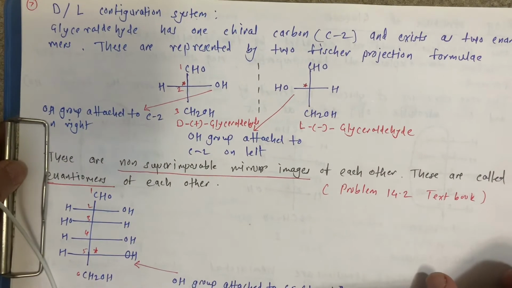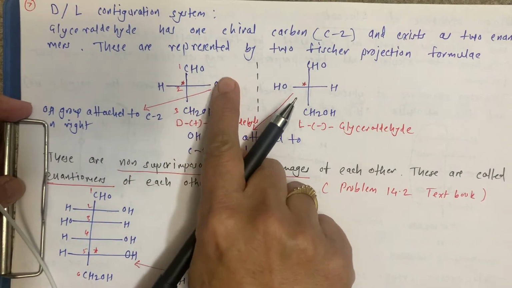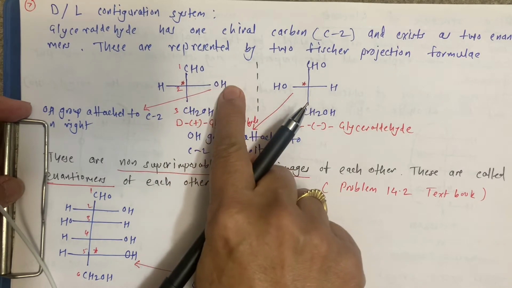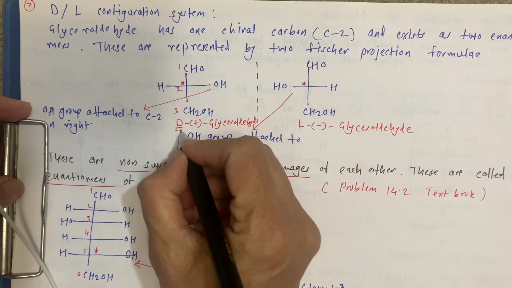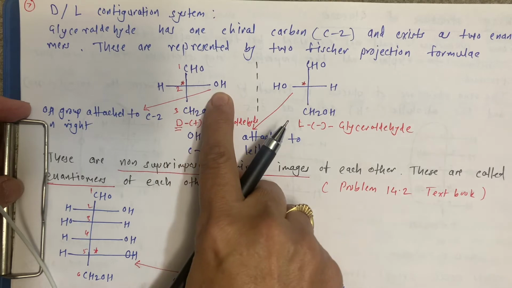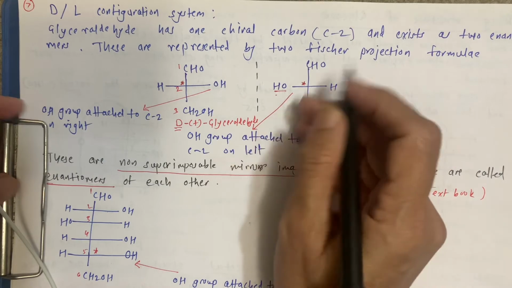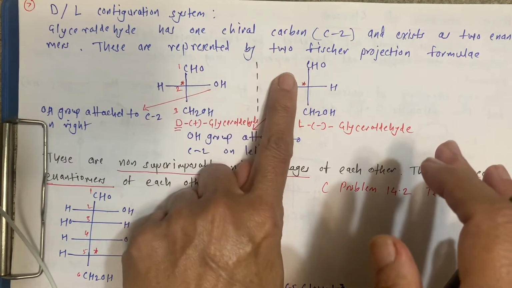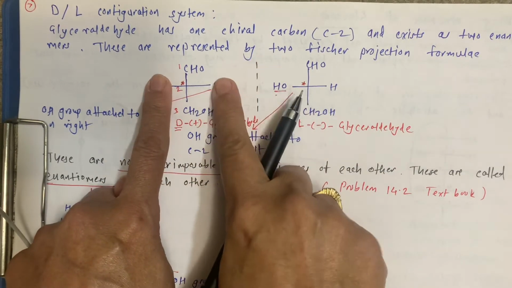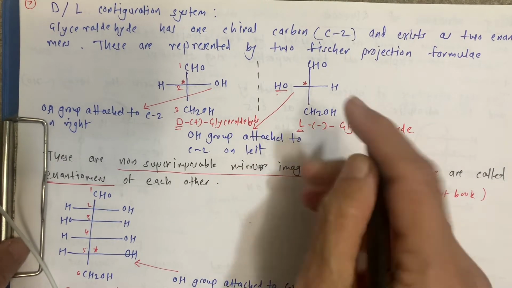Here the OH group attached to C2 is on the right. When it is on the right, this is denoted as dextro. When the OH group attached to C2 is on the left, then this is denoted as levo.